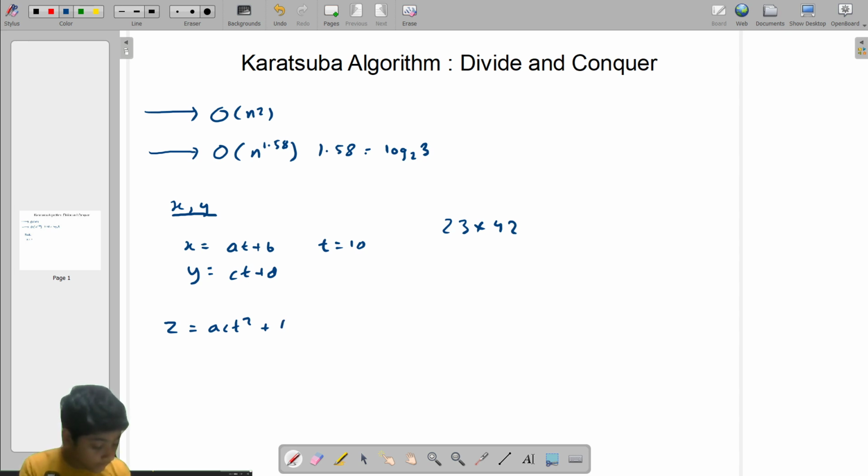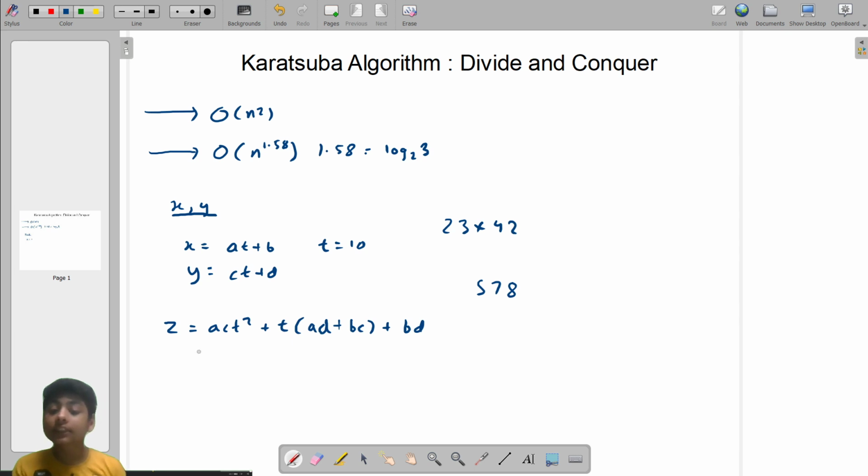So we will get t whole common, sorry, not ac, ad plus bc, and finally bd. Now suppose z is just some number like 578, then 5 is ac, 7 is ad plus bc, and 8 is bd.